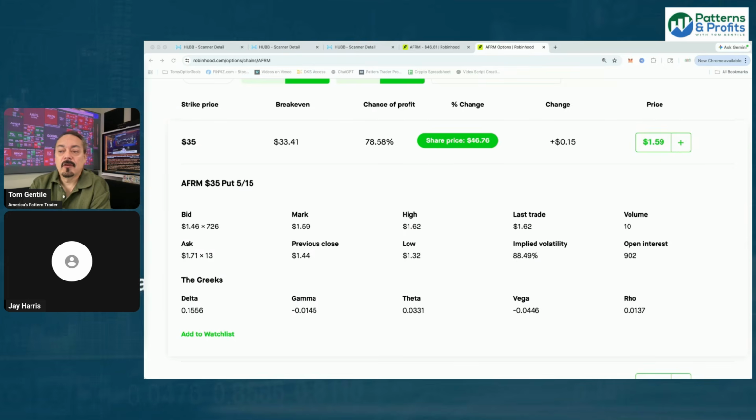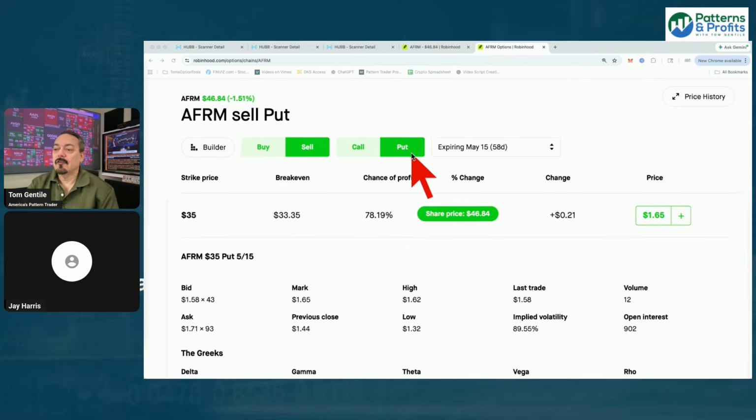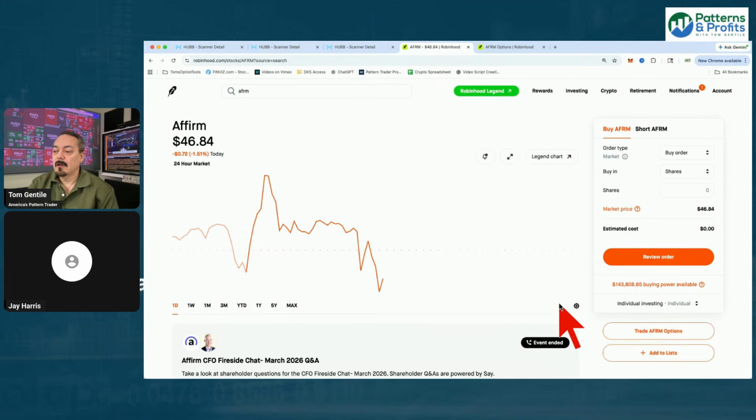So the original trade is what we see here, and the last trade was around 162. That's great. Now I want to look at the spread. We're going to build the spread right off of not this page, but I've got this one set up ready to go. We're going to go ahead and trade the Affirm options once again.